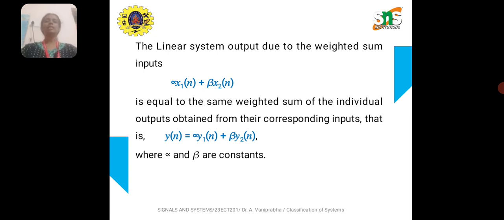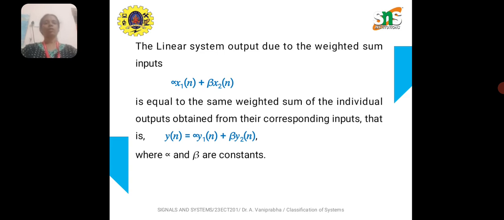So the linear system output due to a weighted sum of inputs, where the weights are nothing but the coefficients, that is, alpha and beta are the weights or scalar quantities, is equal to the weighted sum of individual outputs obtained from the corresponding inputs.